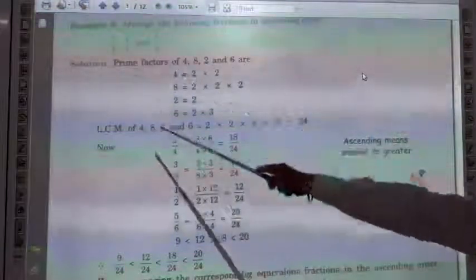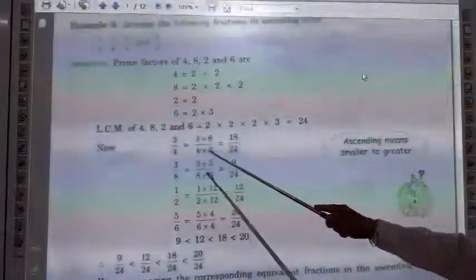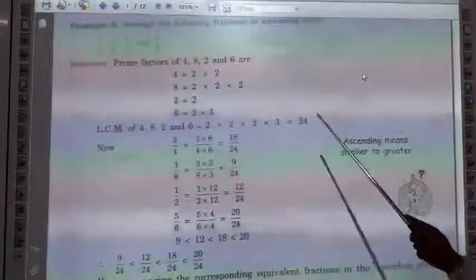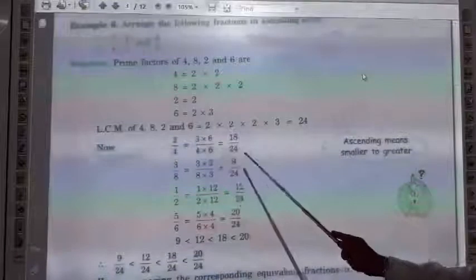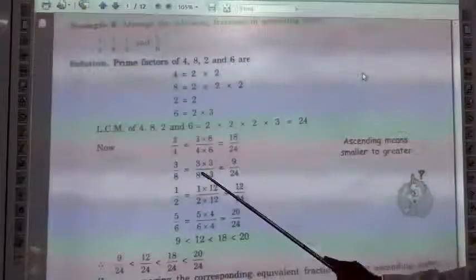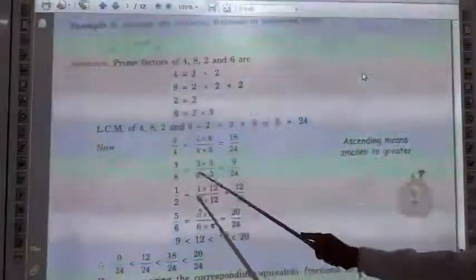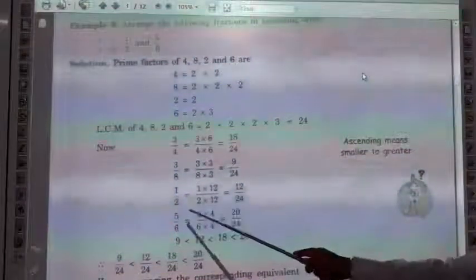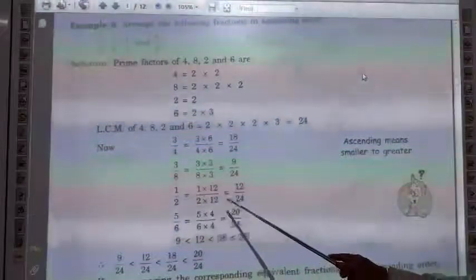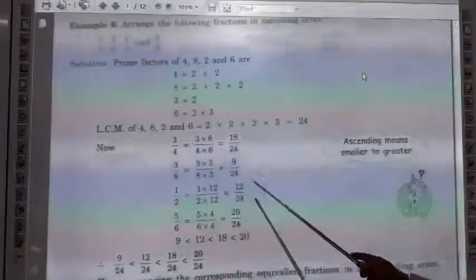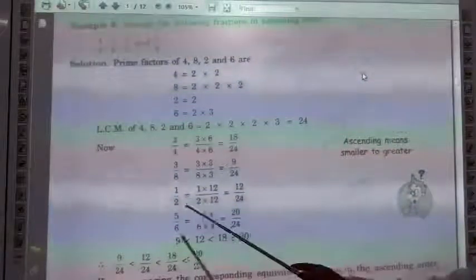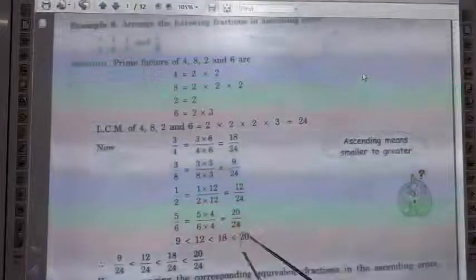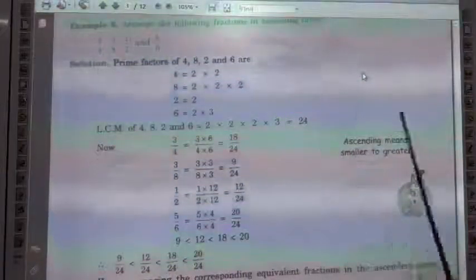Now first fraction 3/4 is equal to 3 multiplied by 6 over 4 multiplied by 6, because LCM is 24. 4 sixes are 24 and 6 threes are 18, so 18 upon 24. Next fraction 3/8: 8 threes are 24 and 3 threes are 9, so 9 upon 24. 1 upon 2 is equal to 1 multiplied by 12 over 2 multiplied by 12 is 24, so 12 upon 24. 5 upon 6 is equal to 5 multiplied by 4, 20, and 6 multiplied by 4 is equal to 24, because LCM is 24.